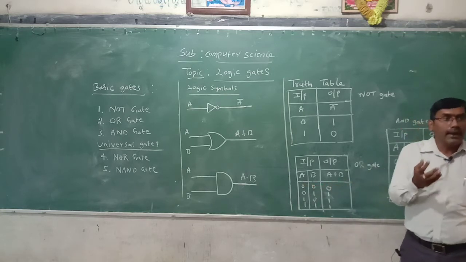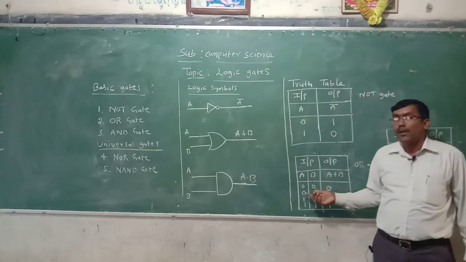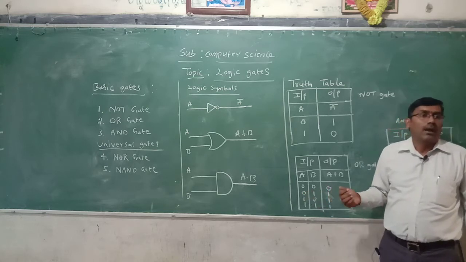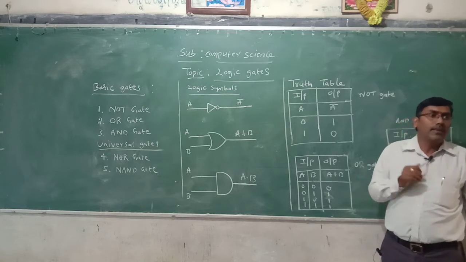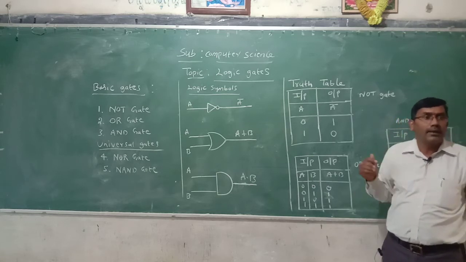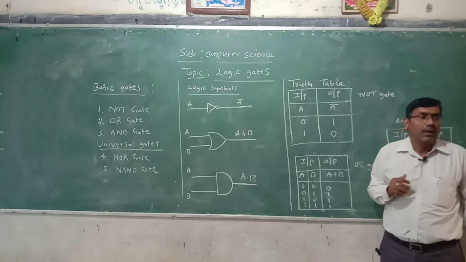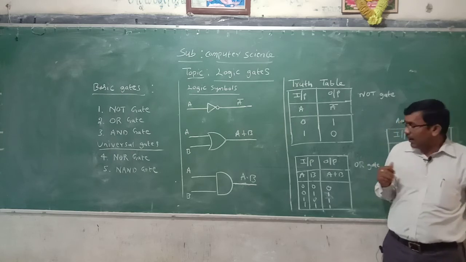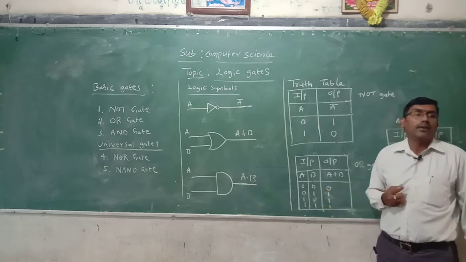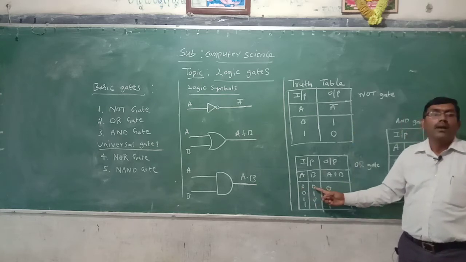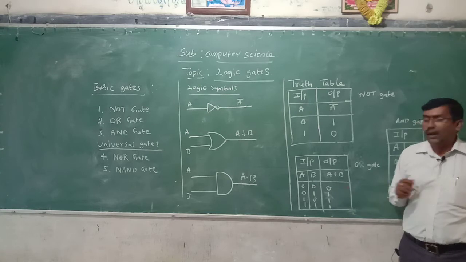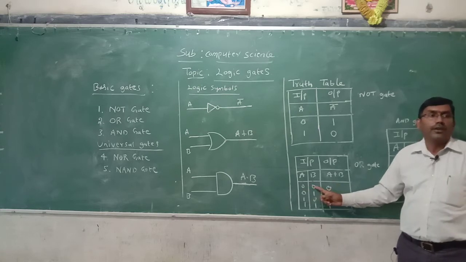You can take it as an example of permutation and combination, or you can take it as two coins. For one coin, the possibilities are either tail or head. Similarly, if you toss two coins, it may be tail and tail. Tail means 0 and 0, low.